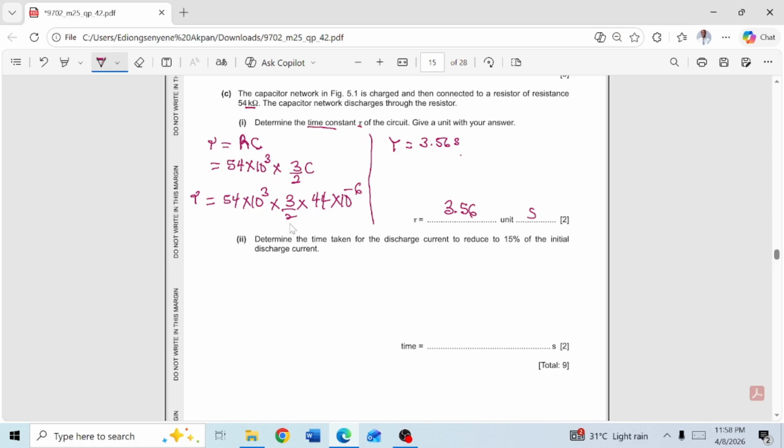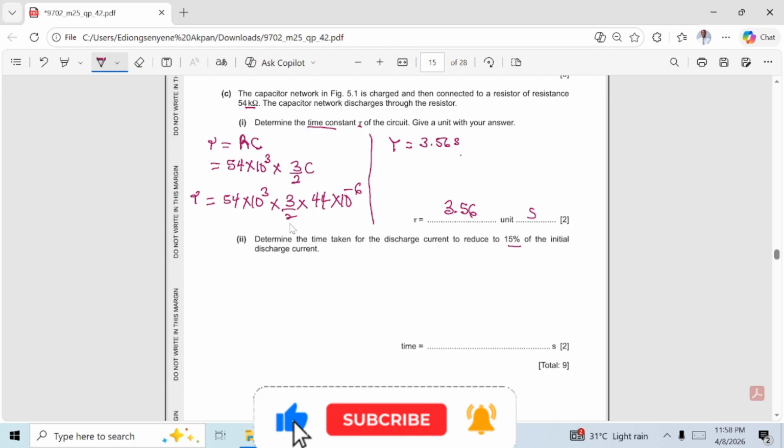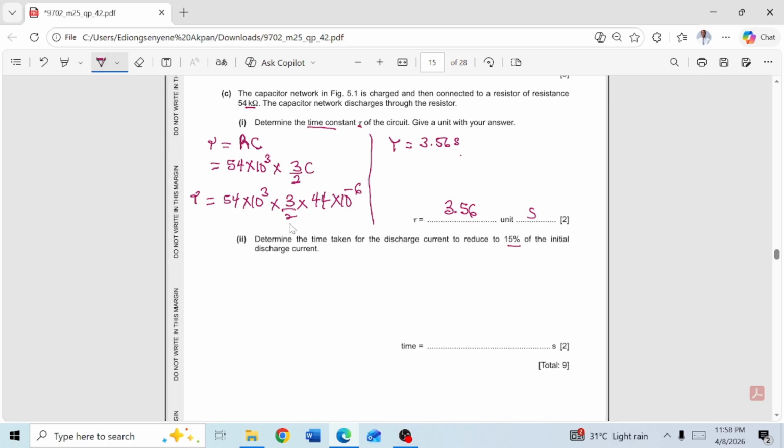Let's get to the next one. Determine the time taken for the discharge current to reduce to 15% of the initial discharge current. Now, this is the other part of capacitance equation. Current equal to initial current exponent minus T over time constant, which is RC.